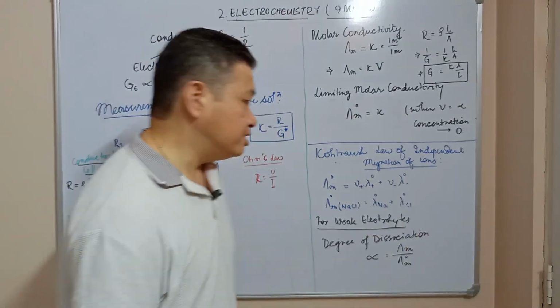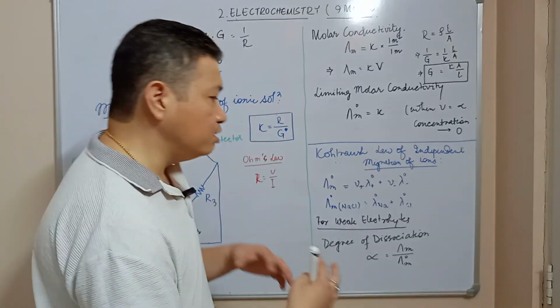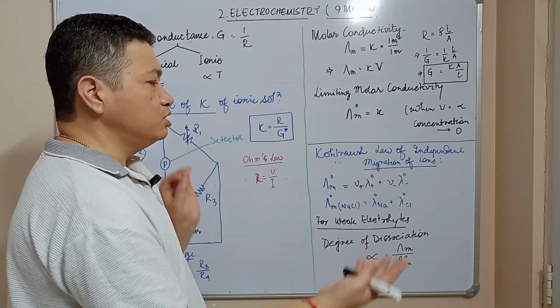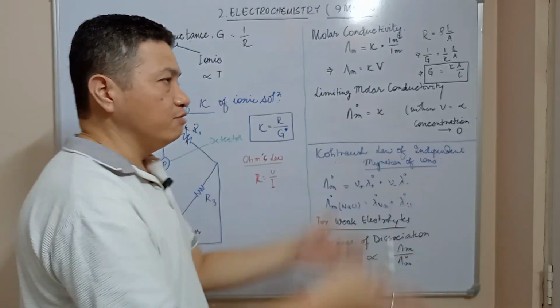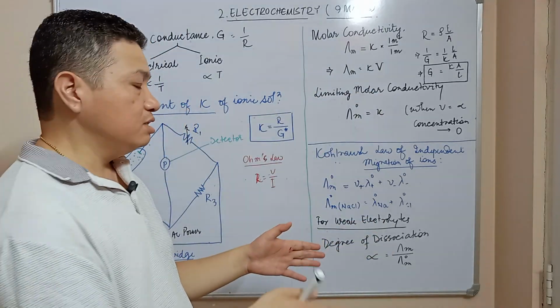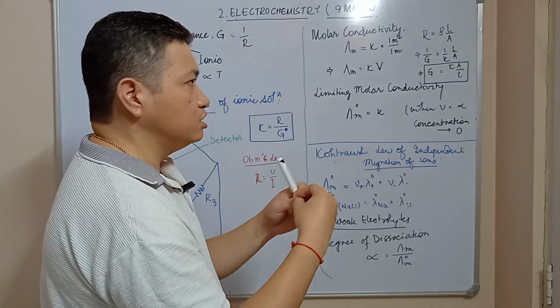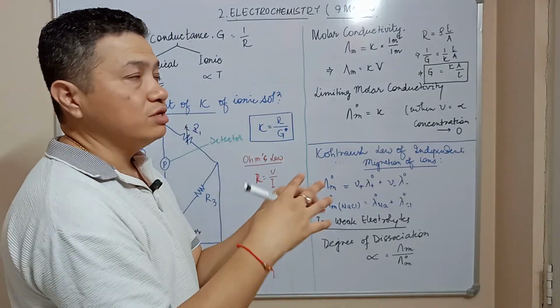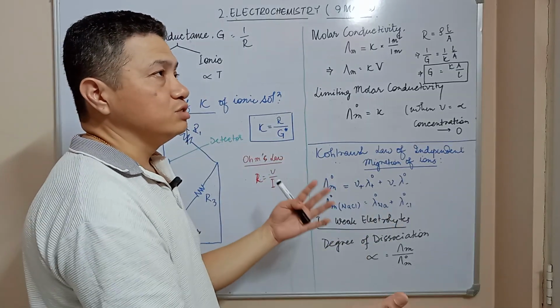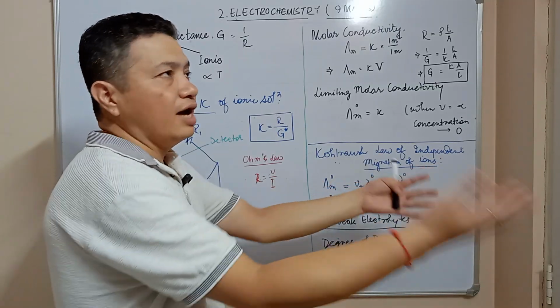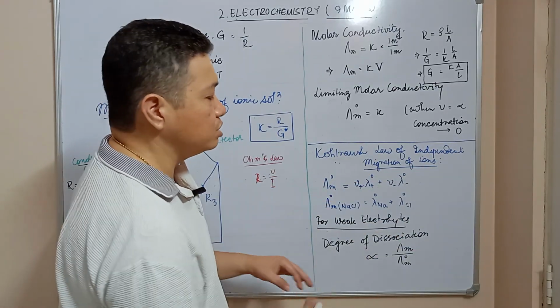And for weak electrolytes, I would just want to add one more thing: the degree of dissociation. How much is dissociated when making an ionic solution? For weak electrolytes, it's not like all the ions are dissociated. Some are undissociated, and most of the ions are dissociated. So what is the degree of dissociation?